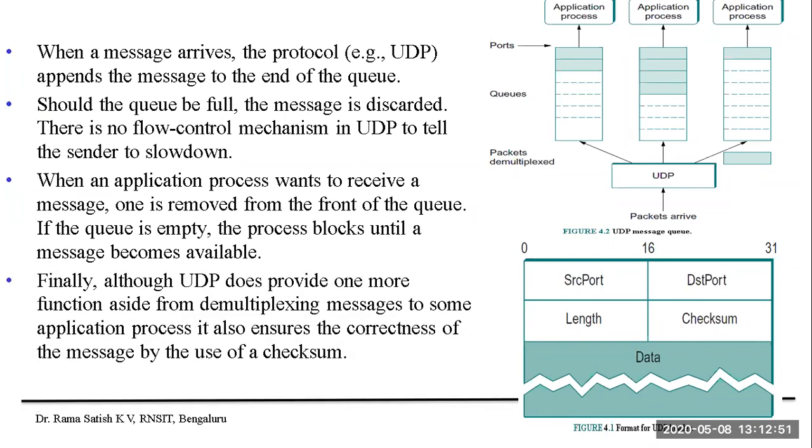And finally, UDP does provide one more functionality apart from demultiplexing messages to application processes: to ensure the correctness of the message. Correctness of the message can be checked through the checksum. Using this checksum data, it will identify whether the entire packet received is correct or not.